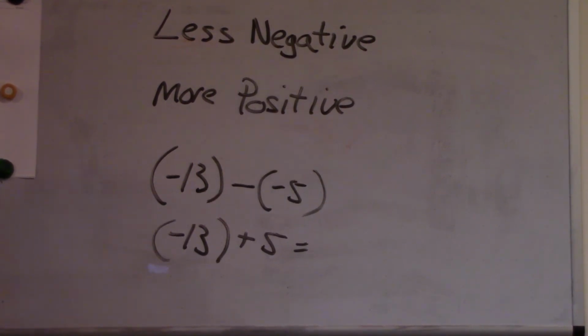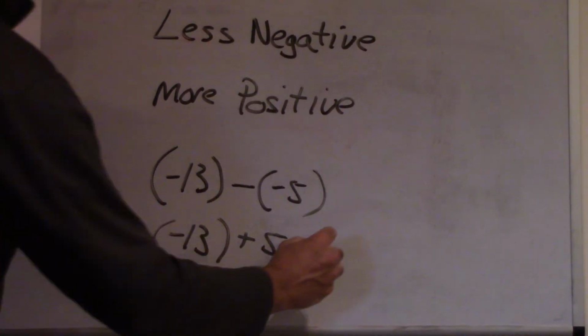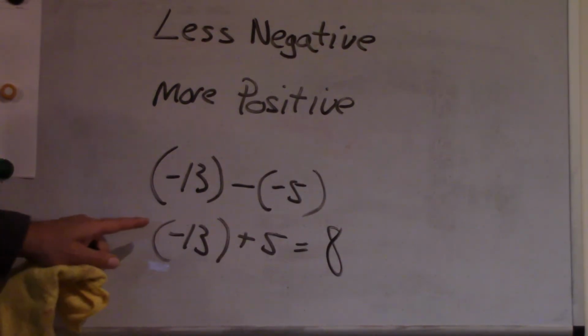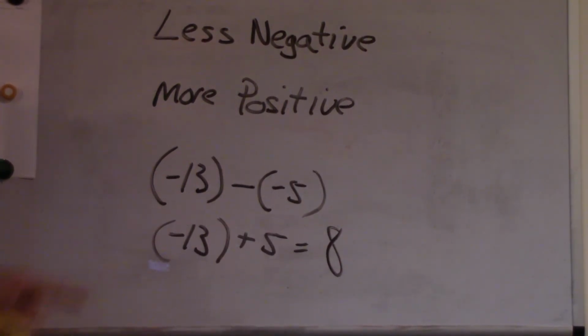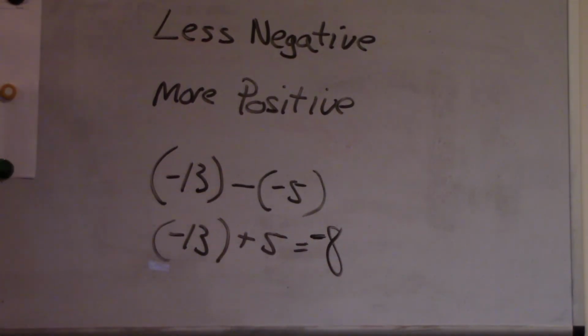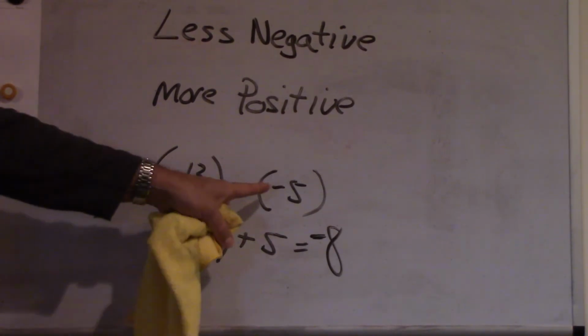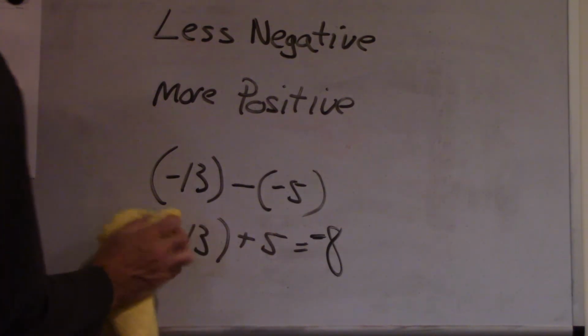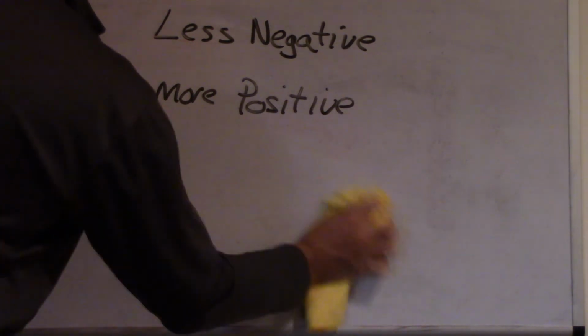What's the difference between 13 and 5? Right, it's 8. 13 is a greater absolute value. It is negative, so our answer is negative 8. So negative 13, we're making it less negative by 5, so that's going to be negative 8. Okay? All right. Let's try this one.